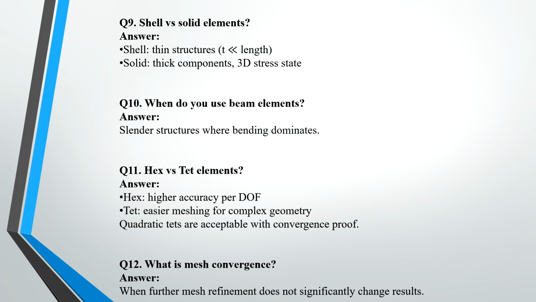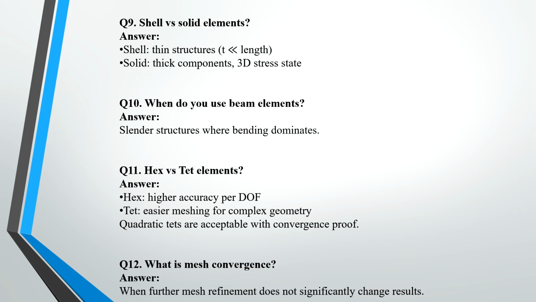So quadratic tets are acceptable. Again here the linear and quadratic are there. So quadratic tets are acceptable with the convergence proof.